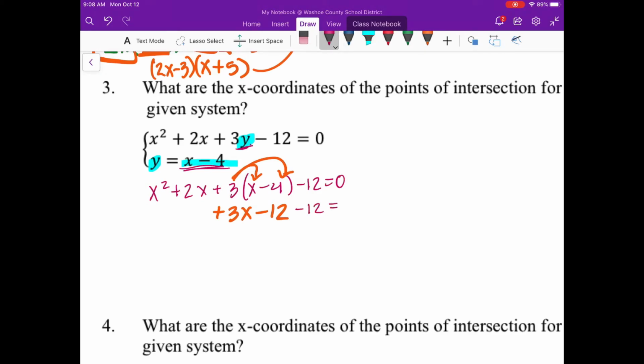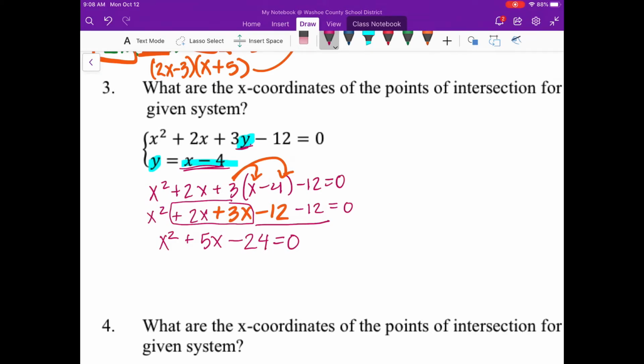So I have a minus 12 here, and I have a 2x and an x squared. Okay, so I'm going to combine like terms here. These can combine, giving me a 5x. And these can combine, giving me a negative 24. And if you want to make sure of that, go ahead and put it onto your calculator.